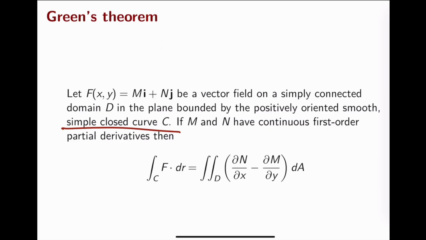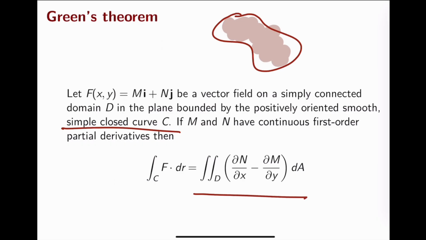So meaning that if we have, let's say, a domain like this, the boundary, we see that is a simple closed curve. So we are going to say that the line integral of the vector field can be calculated also in this way. And this way is not a line integral anymore. This is just a double integral of a domain that in general is easier to calculate than a line integral.